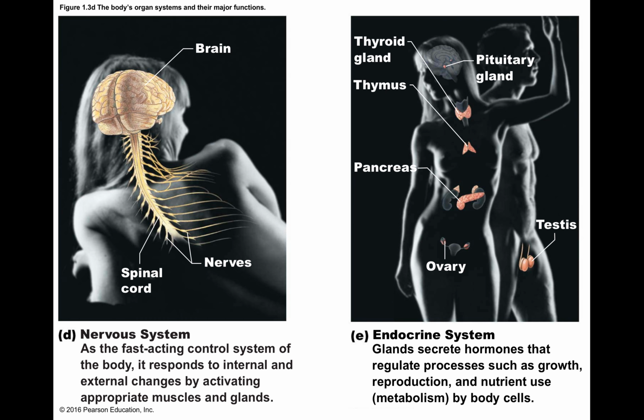We have the nervous system. Simply put, there are three main structures or organs associated with it: your nerves, your brain, and a spinal cord.